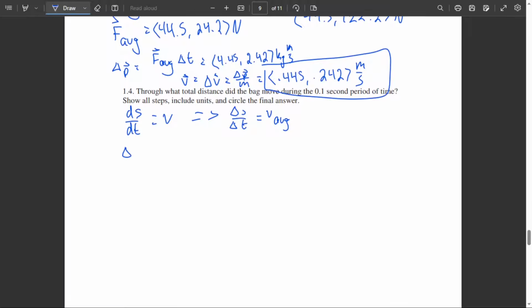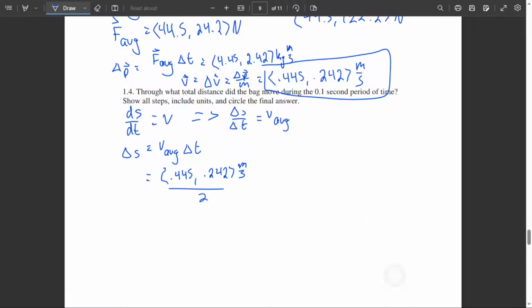So the change in position of the bag is going to be equal to the average velocity times the change in time. The average velocity is going to be the final velocity plus the initial velocity over 2. The initial velocity is 0, so it's just going to be the final velocity over 2, then times our change in time, which is 0.1 seconds.